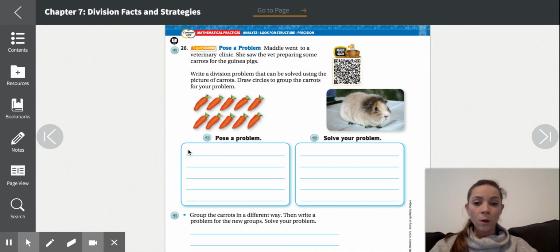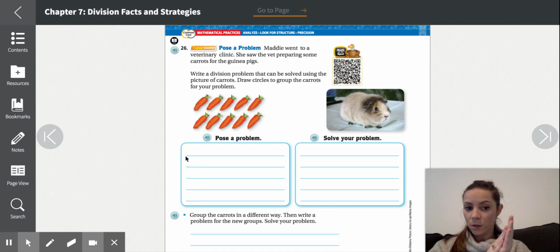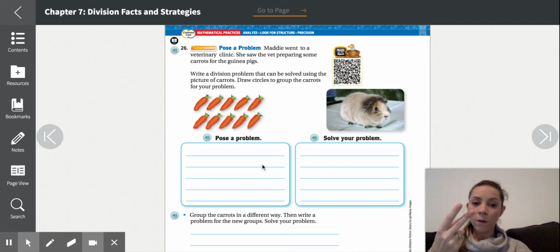Okay. So a lot of times, remember when we have division word problems, they give you some clues, the numbers for those clues, and then they ask you a question at the end to find a missing part. And in division, you always have to know the total. So make sure in your two clues that you give them at the beginning, one of them is the total of the carrots.